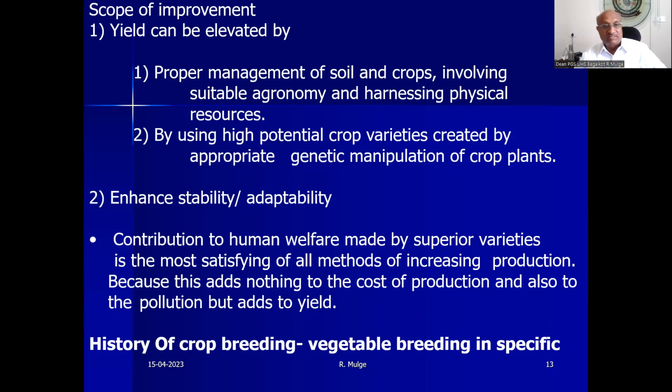History of crop breeding: we can just throw some light on that, and on how vegetable crops are relevant to the changes in the field of crop breeding.